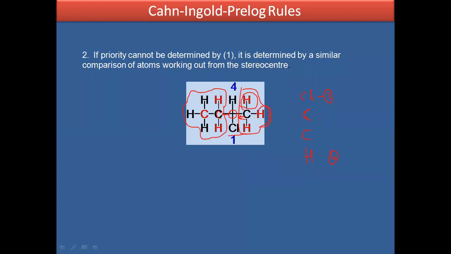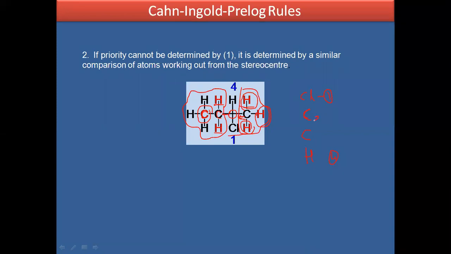Here, 3 hydrogens, but in this ethyl group, 1 carbon and 2 hydrogens. If you compare this methyl and this ethyl group, in ethyl there is 1 carbon and 2 hydrogens, whereas in methyl there are only 3 hydrogens. Hydrogen has atomic number 1, carbon has 6.